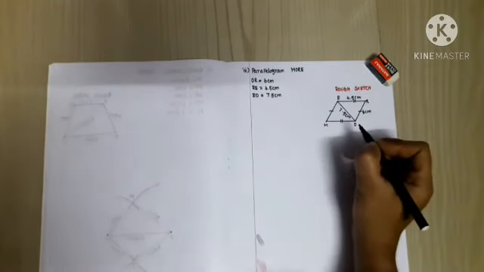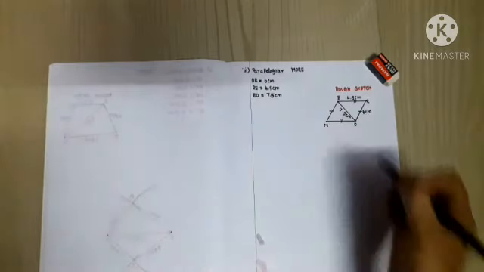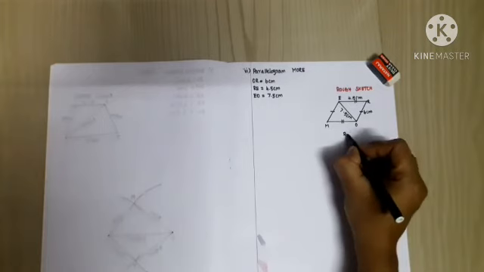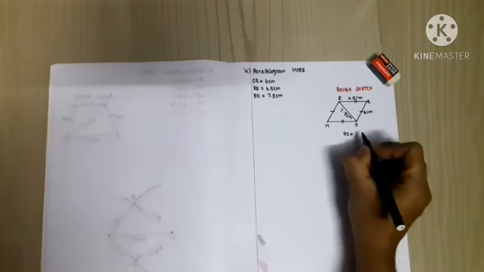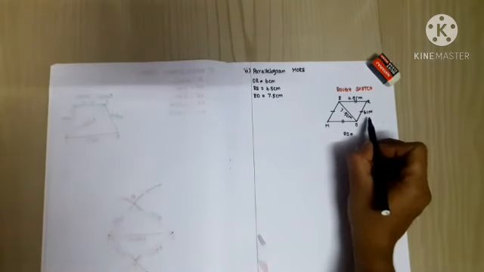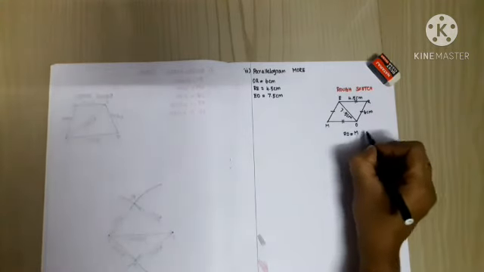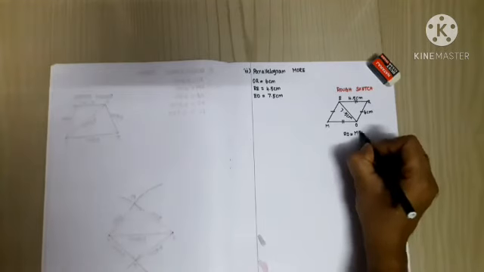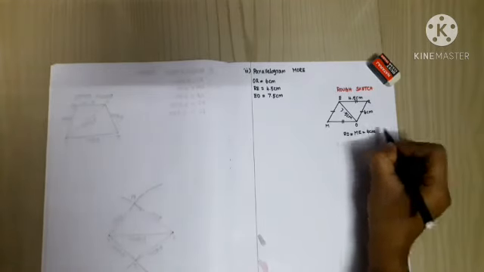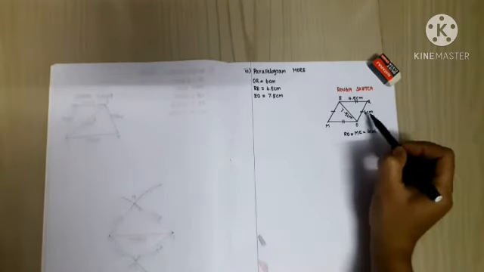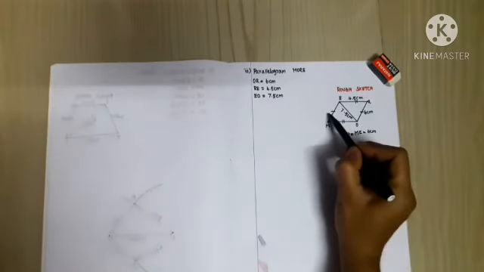By using that property I can write RO is equal to 6 centimeter, so I can equate that measurement to ME also. So RO is equal to ME is equal to 6 centimeter. Why? Because the opposite sides are equal and parallel.